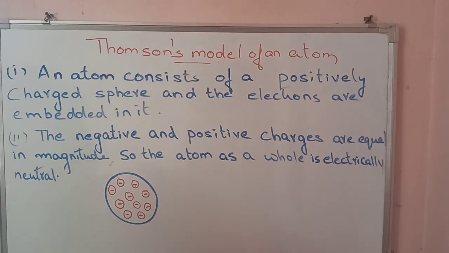Let us see the features of Thomson's model of an atom. The first point is that an atom consists of a positively charged sphere and the electrons are embedded in it. The second point is that the negative and positive charges are equal in magnitude.